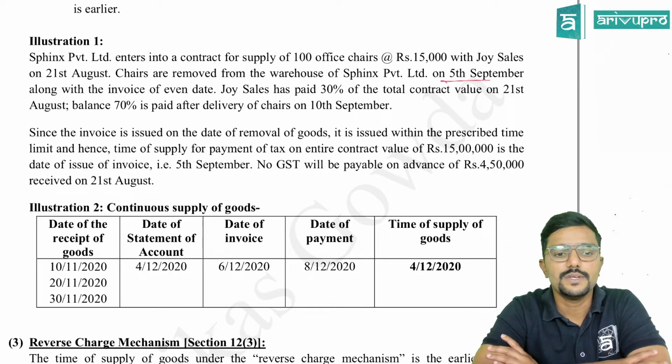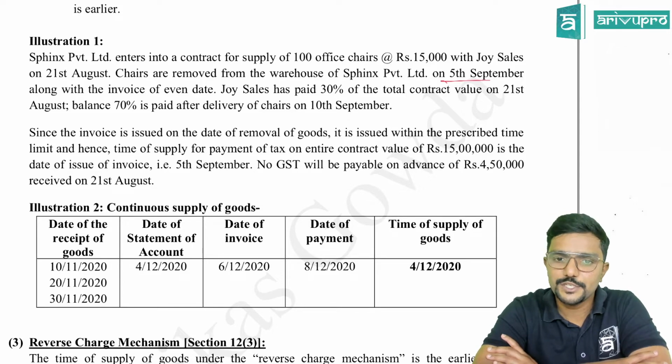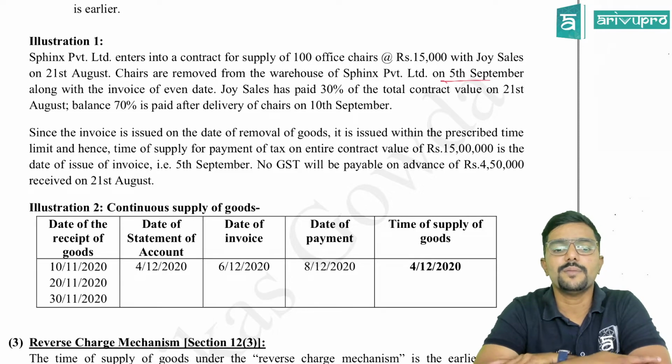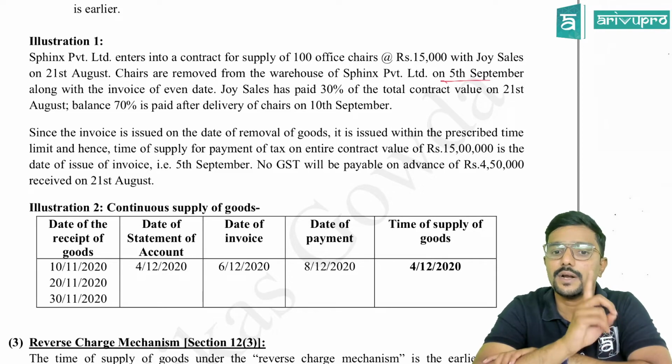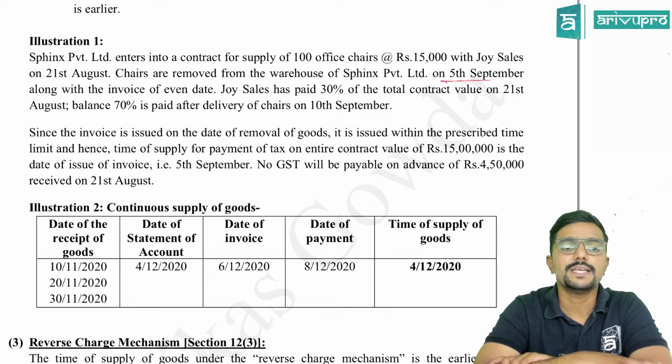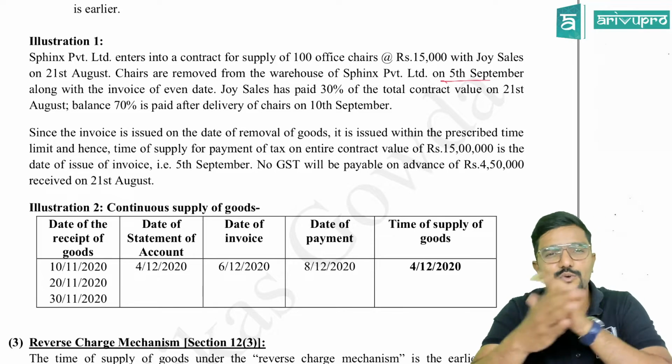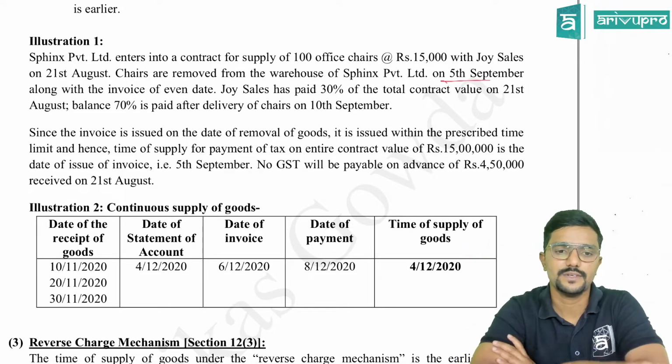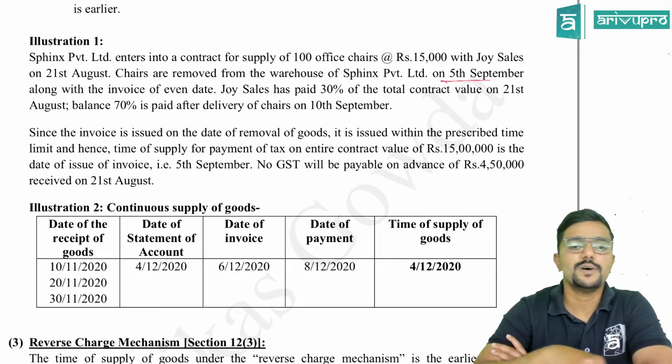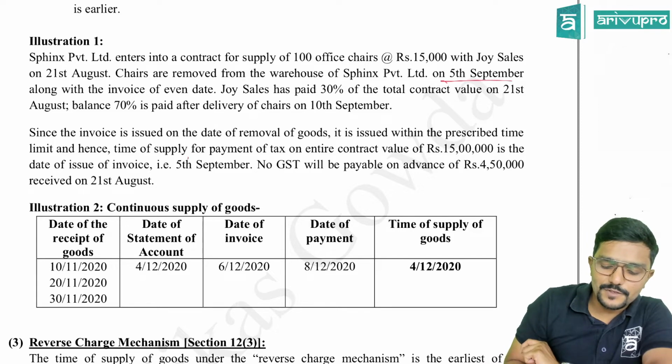What is the answer? Since the invoice is issued on the date of removal of goods, it is issued within the prescribed time limit, and hence the time of supply for payment of tax on the entire contract value, 15 lakh, is the date of issue of invoice, which is 5th September, because both the due date and the actual date are the same. So 5th September is the time of supply.